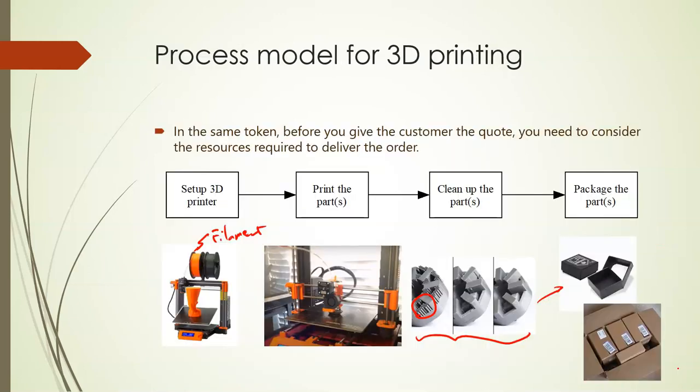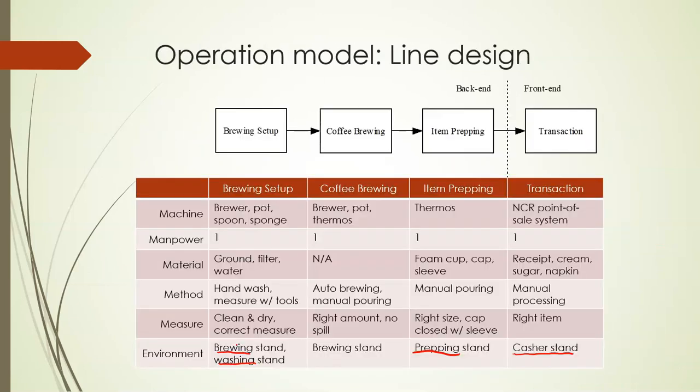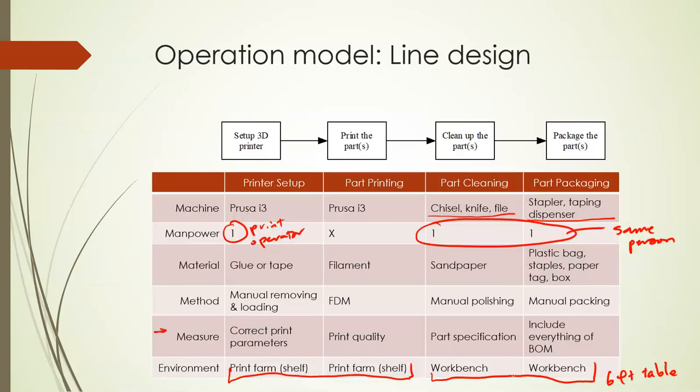It's different from the coffee shop. The coffee shop has 1, 2, 3, 4 stands. Over here you are seeing some furniture like a shelf, table, and chairs, and we need to include those in the calculation as well.